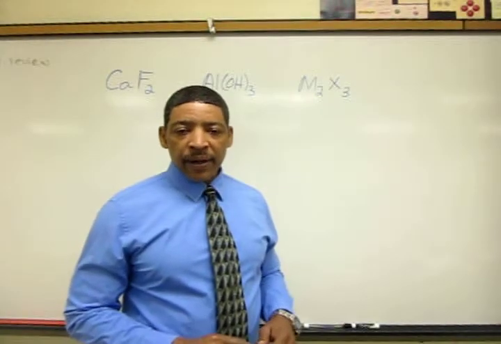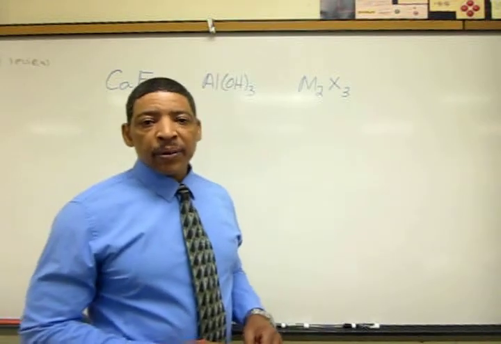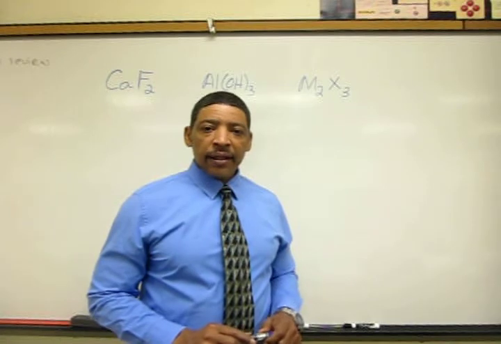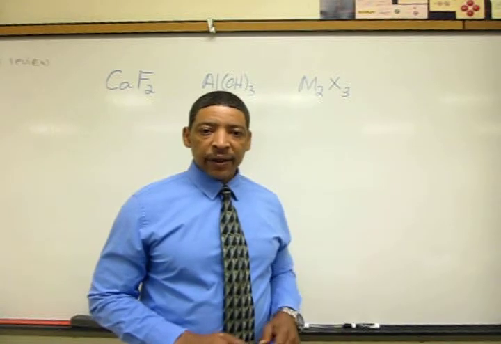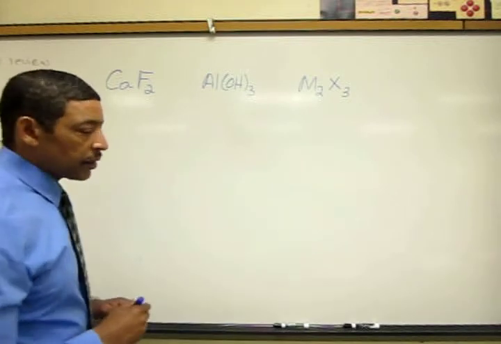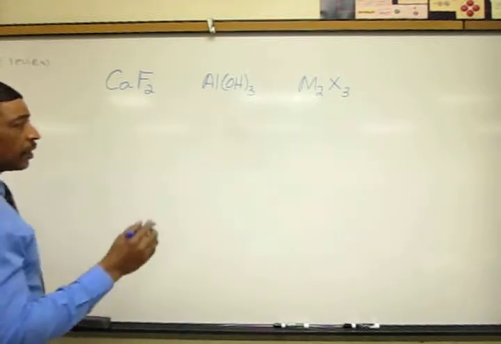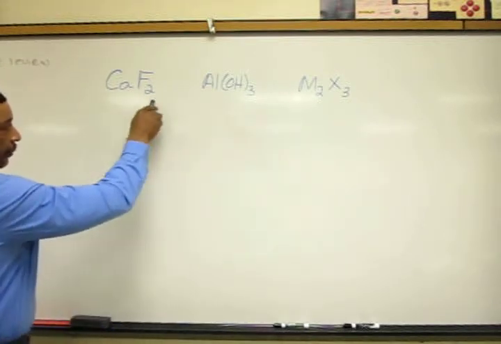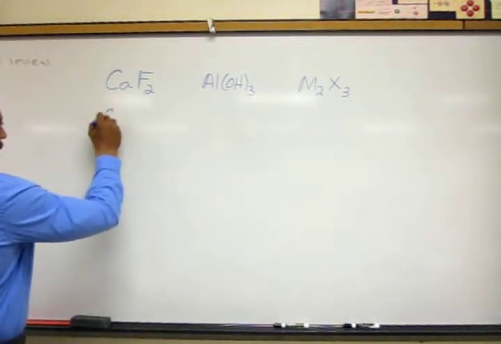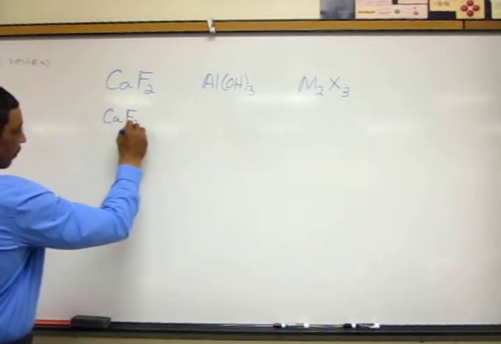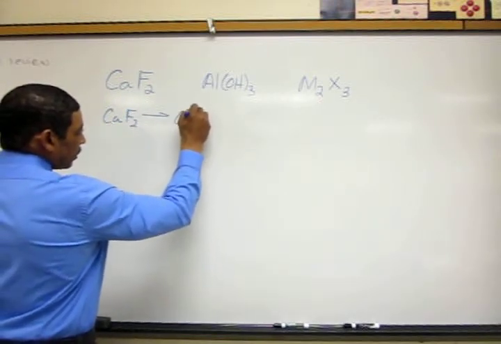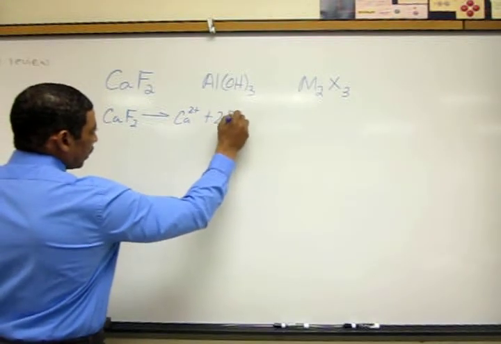For compounds that are sparingly soluble, an equilibrium will be established between the solid compound and the ions that are suspended in the aqueous state. To write a proper equilibrium equation for such compounds, for example, calcium fluoride, simply write the following, where calcium fluoride will dissolve to produce calcium cation and 2 fluoride anions.